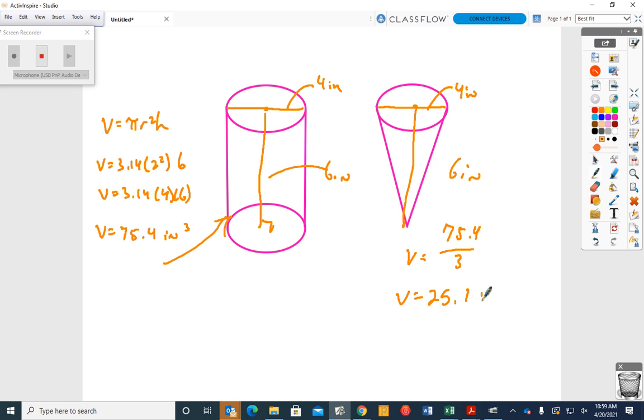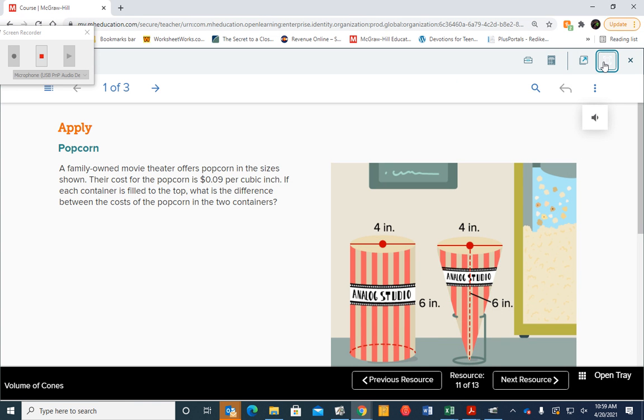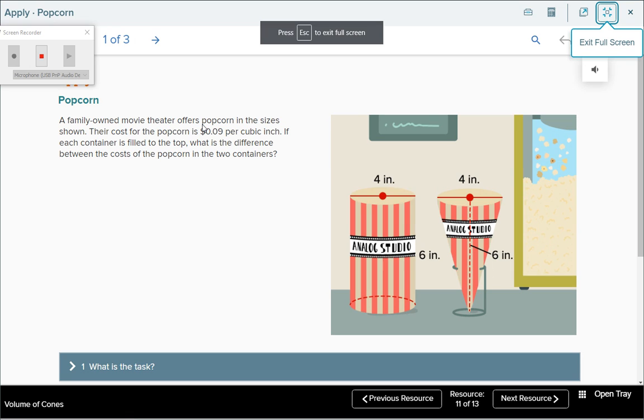So how are we going to apply this now? Let's go back to our problem and see what it says. Our problem says the cost for the popcorn is 9 cents per cubic inch. We want to find the difference. So what are we going to have to do with that 9 cents? Think about this: 9 cents per cubic inch. You multiply it.